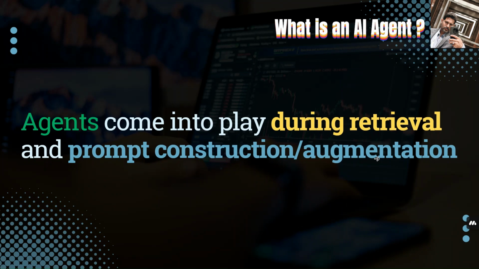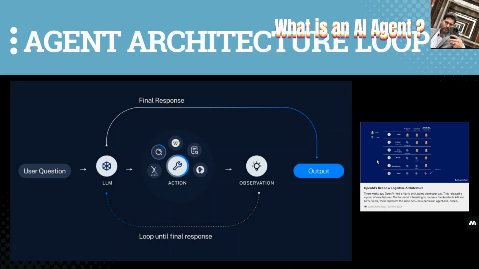Here is how a typical agent architecture looks. A user question comes in, the agent triggers an action, and the LLM processes it. The tool gathers the relevant information, the output is returned, and the agent observes how well this pattern works and adjusts accordingly.